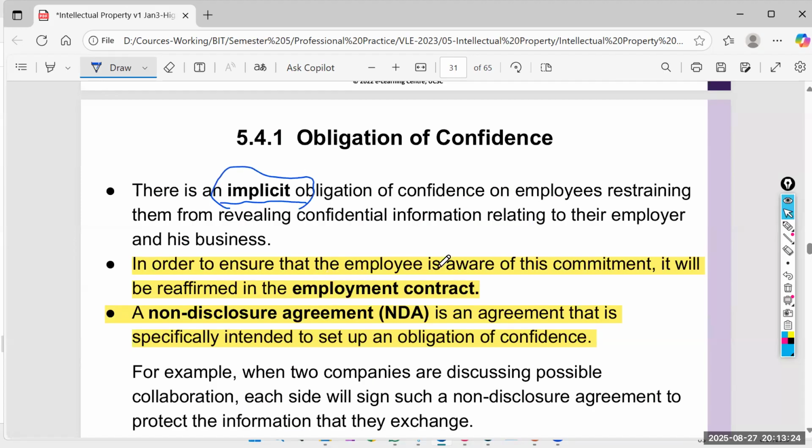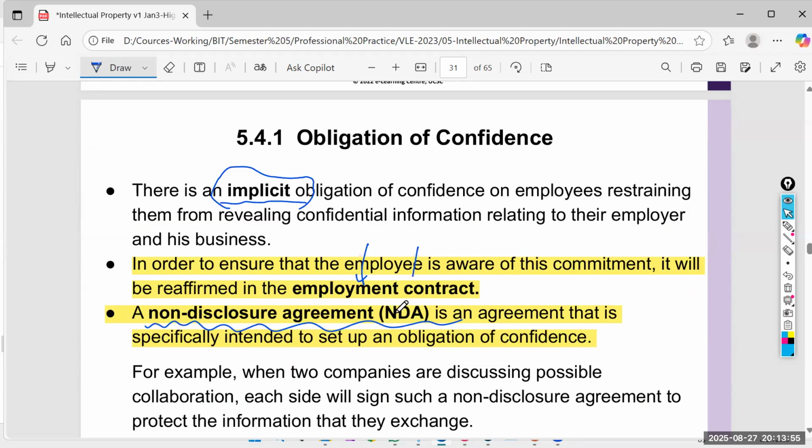So the first line of defense is when you sign contracts of employment with your employees who are going to be exposed to confidential information, technical and business secrets, you can ask them to sign a non-disclosure agreement, NDA.